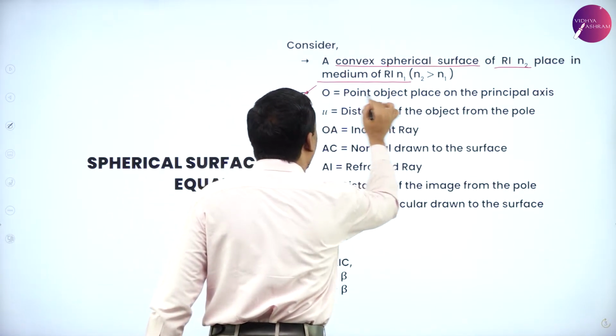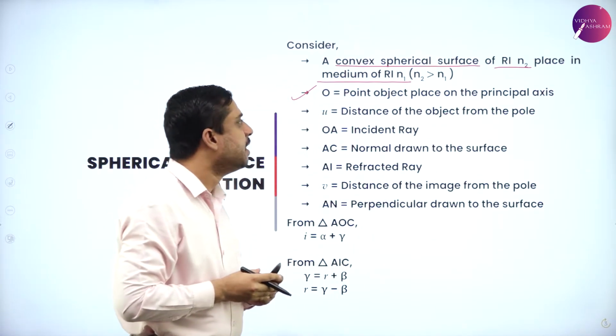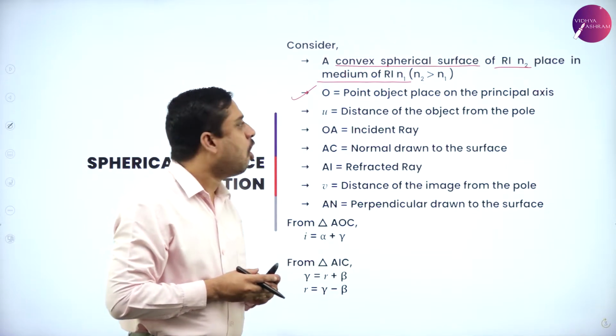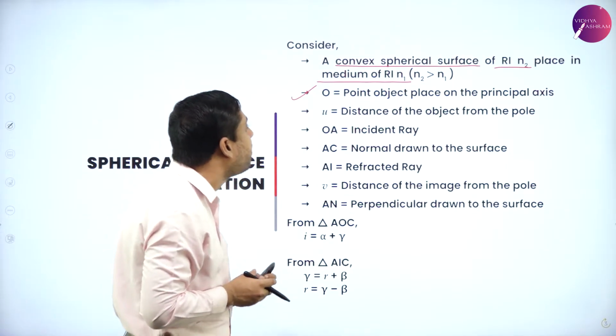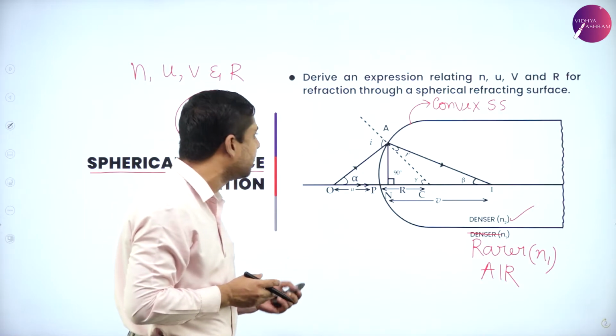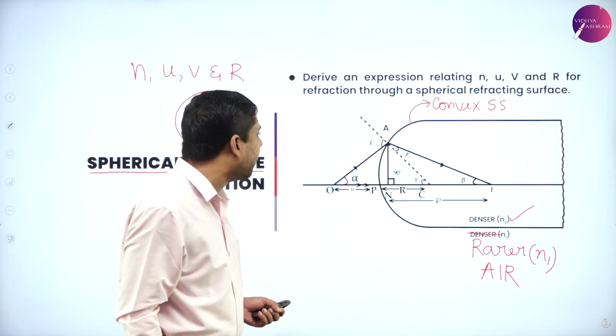Now, O is a point object placed on the principal axis. Observe the diagram.